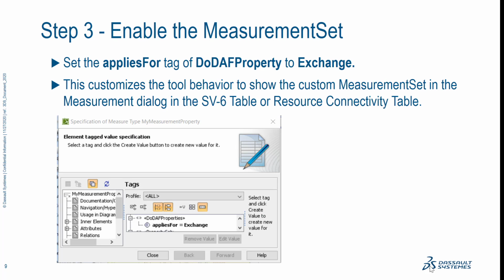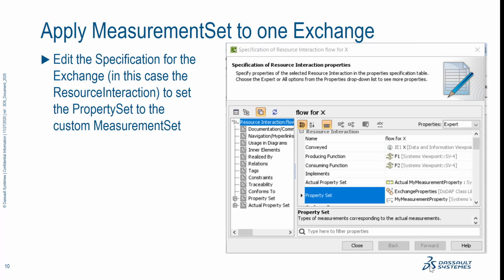Then I added the DODAF stereotype to that measurement set and set the applies for on that tag value to exchange, which helps the tool understand what we're trying to do. Finally, I picked one of my exchanges, and because we're in the SVs, that's a resource interaction flow, and I added to the property set property in the specification window my measurement property set.